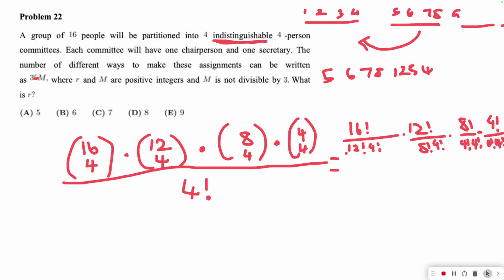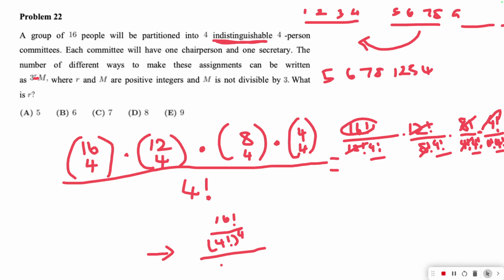We also realize that we can cancel out like this. Cancel these out, cancel these out, cancel these out. So we're left with 16 factorial on the top, and 4 factorial four times on the bottom. So we can rewrite this as 16 factorial over 4 factorial to the 4th, all over 4 factorial. And simplifying this, if we multiply the bottoms together, we get 16 factorial over 4 factorial to the 5th.